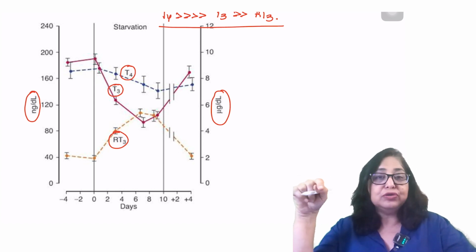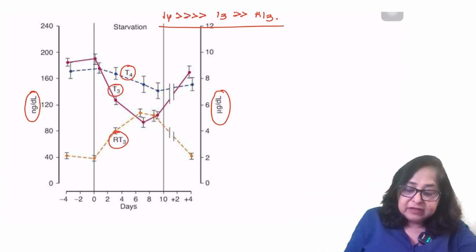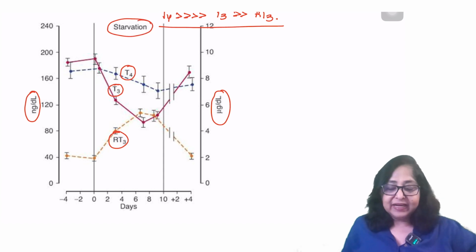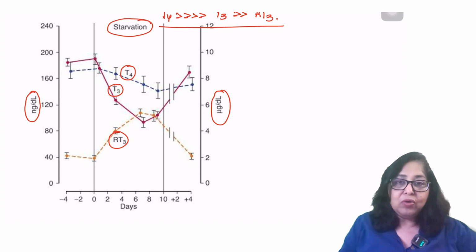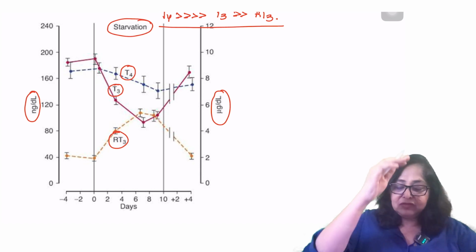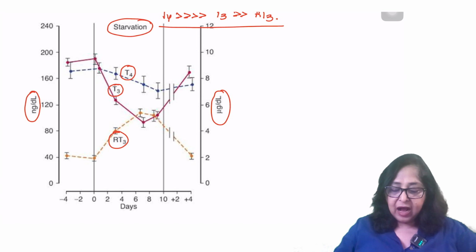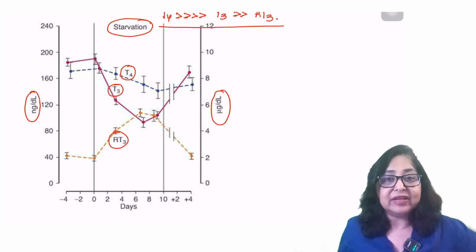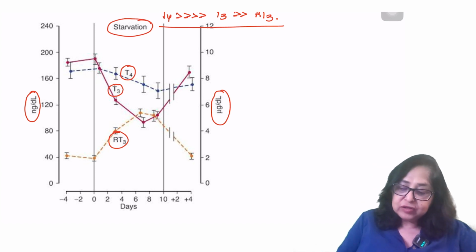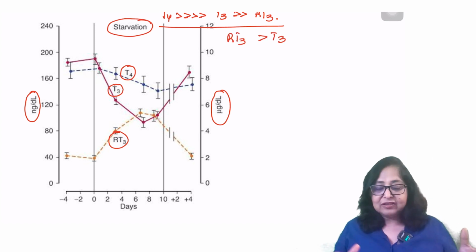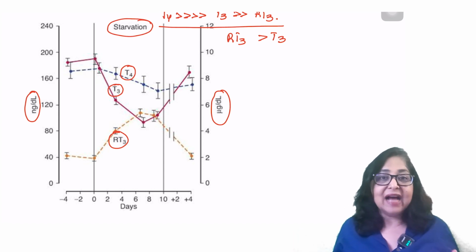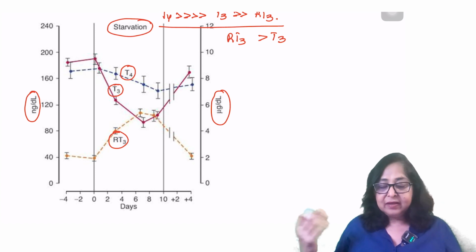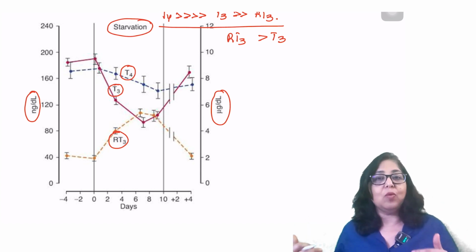Now, what I want you to focus on is, during a period of starvation, what do we find? We find that instead of T3 being more than RT3, now T3 levels are dropping and RT3 levels have increased. So during starvation, the reverse happens. RT3 becomes more than T3, but as soon as you start giving normal diet to this individual, the ratios will again go back to normal.